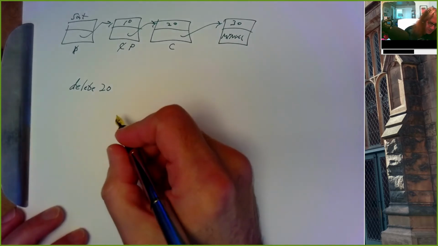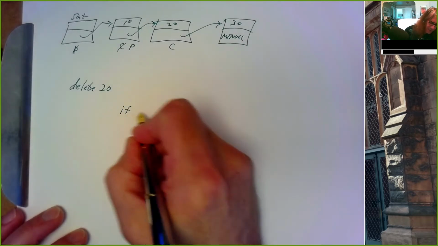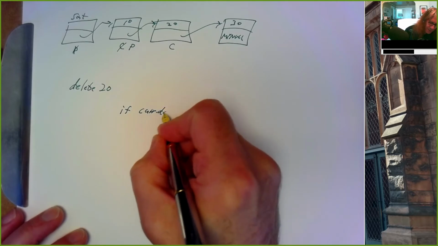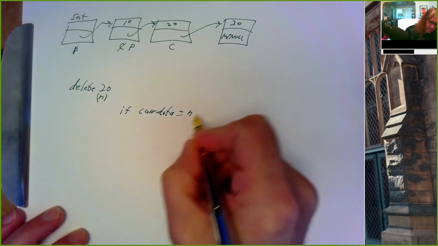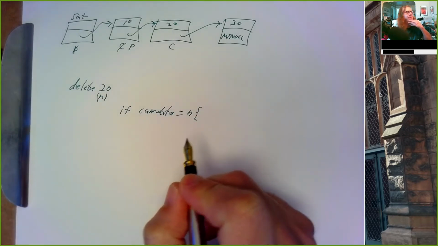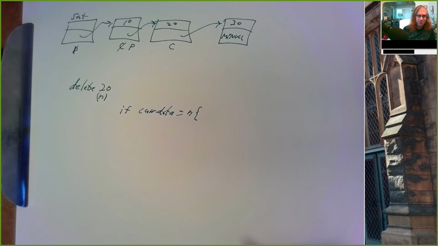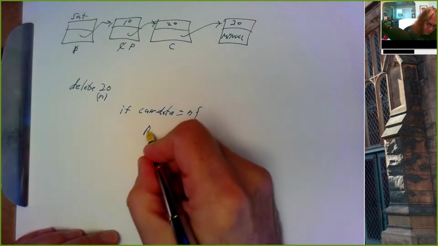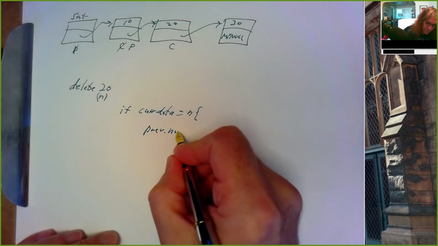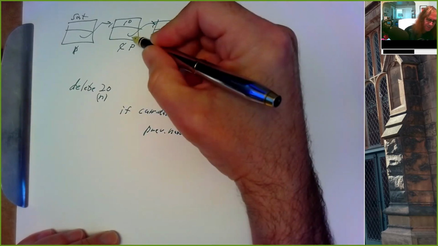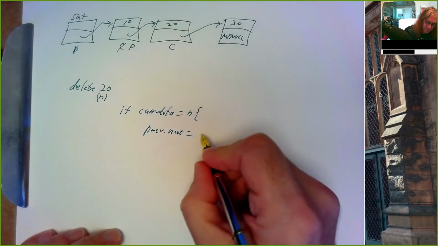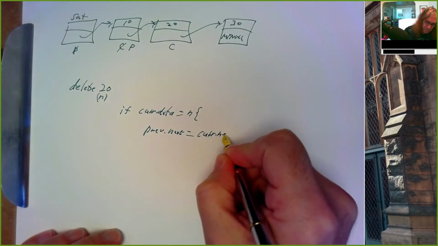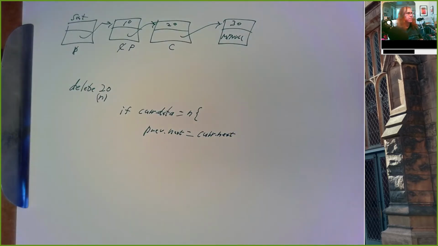All right, so main body of our loop. If current data equals n, how do we remove that current node from the list? Well, we want to change the previous node to point to what the current node is pointing to. That's all it takes.